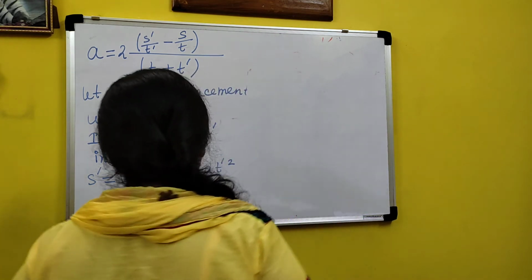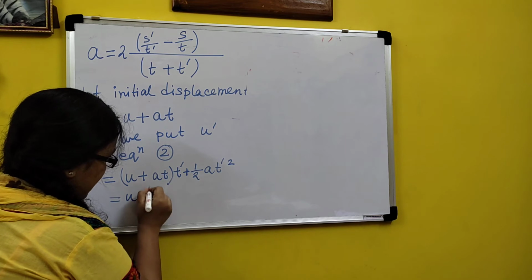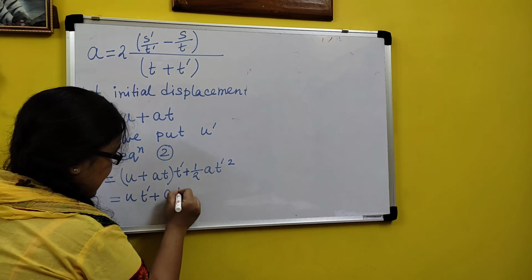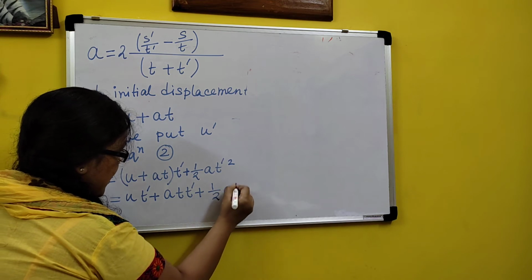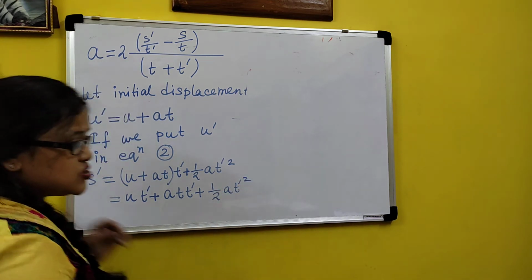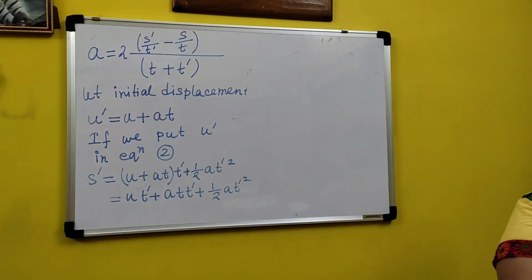Okay. So if I do that, what I am getting? I am getting u t prime plus a t prime plus half a t prime square. Yes or no? These whole things I got. I think without any confusion I can write.